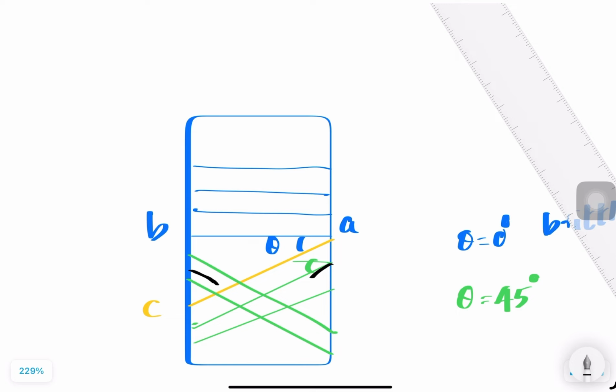If you measure this value, this is 45 degree, this is 45 degree. So there is a necking that forms. Whenever you see neck formation, it happens in the case of a ductile material.